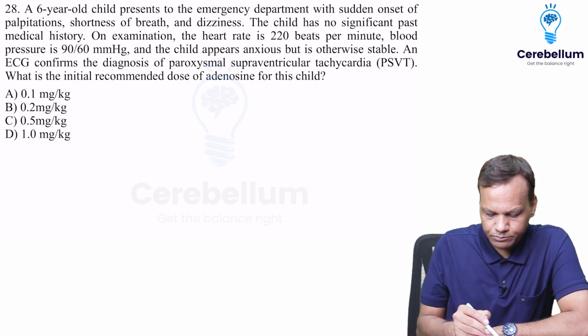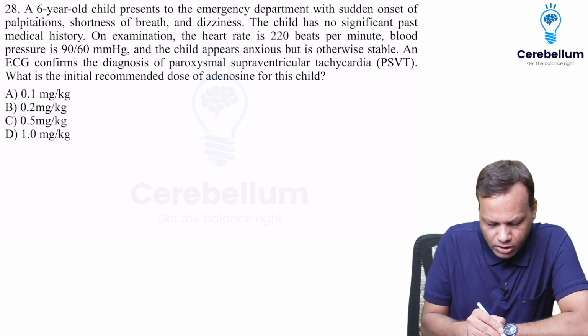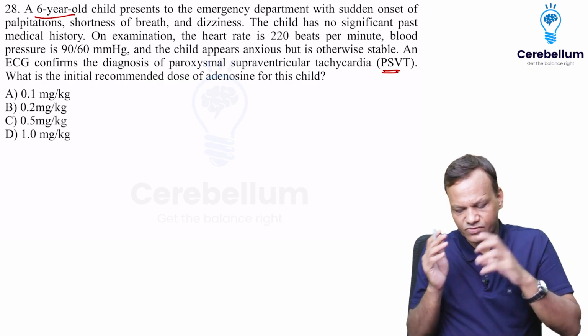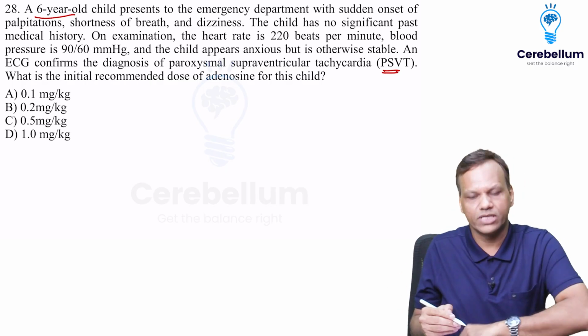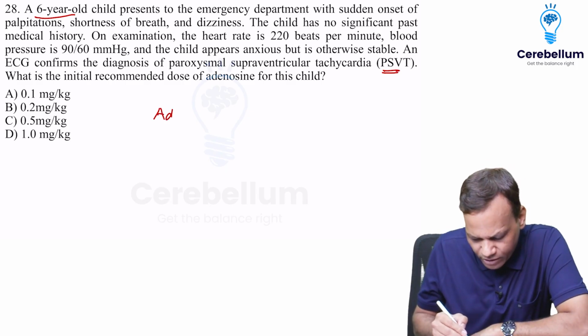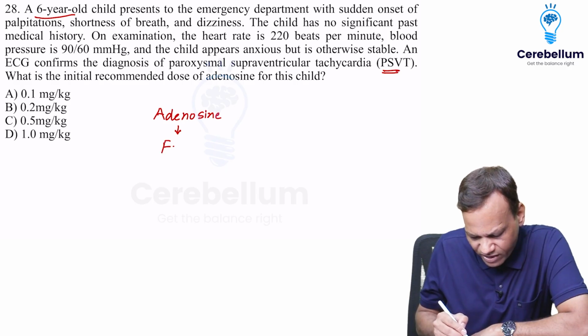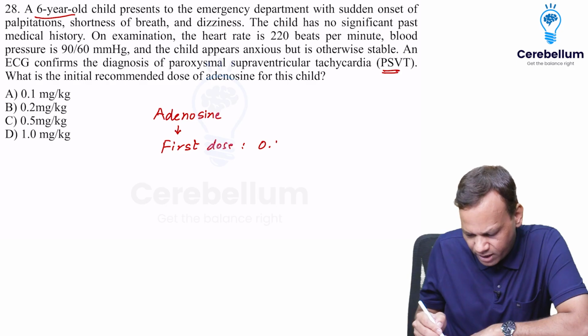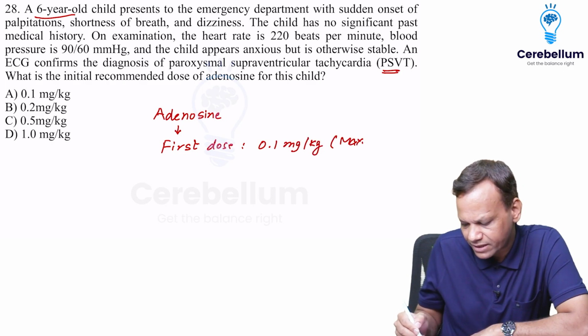Next question. A 6-year-old child has developed PSVT. The question asked is, what is the dose of adenosine? Remember, the dose of adenosine in children, the first time we treat PSVT, is 0.1 milligram per kg, but the maximum limit is 6 milligram.